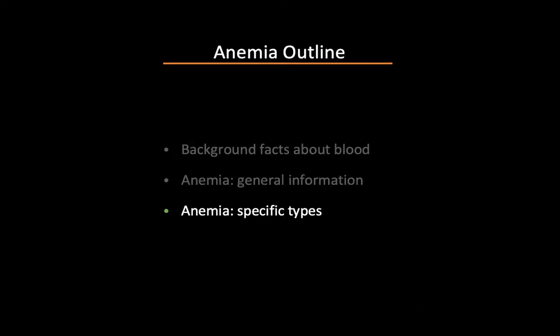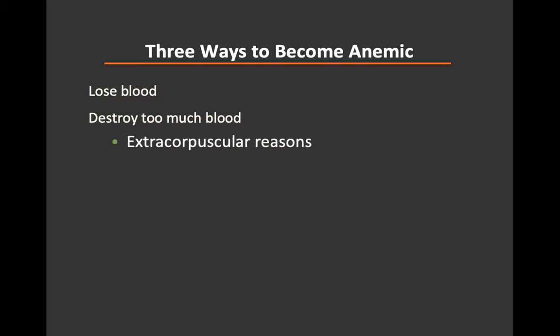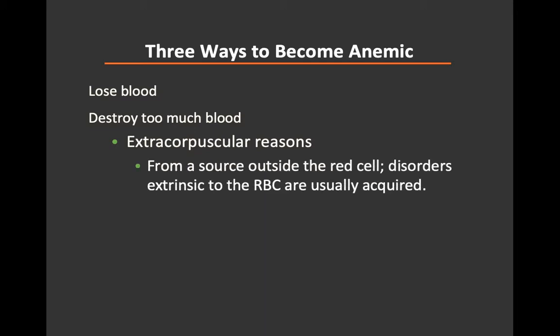And then we're going to talk about specific types of anemia now, and three ways to become anemic: lose too much blood, destroy too many red blood cells, or make too little blood. There could be what we call extracorpuscular reasons, and a corpuscle is the old-fashioned name for red blood cells. So these are from a source outside the red blood cell.